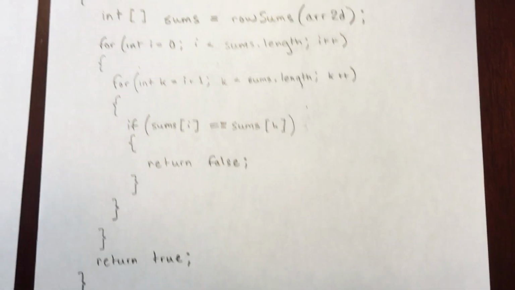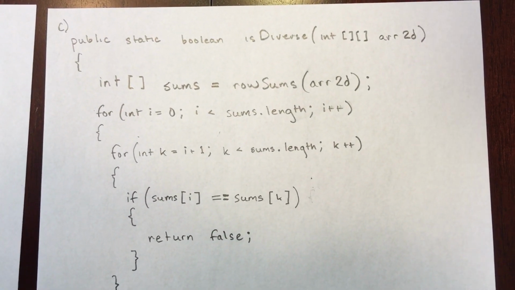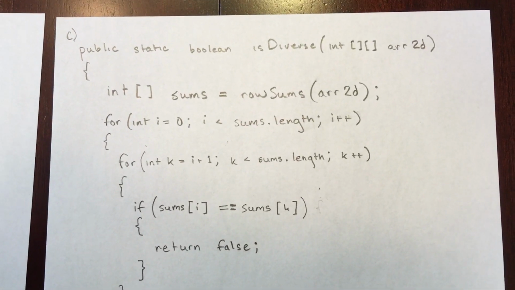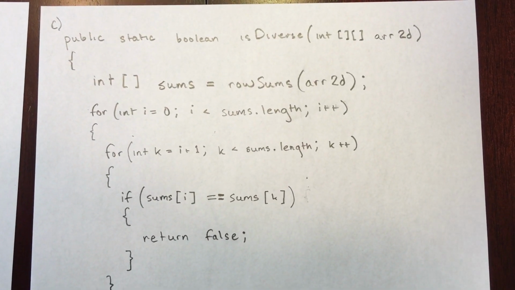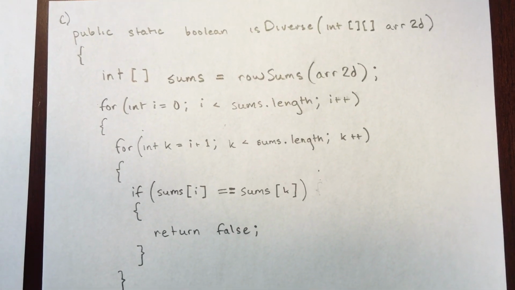So for part C, we were supposed to figure out whether a two-dimensional array was diverse, and in order to do that you have to compare all of the sums of its rows.